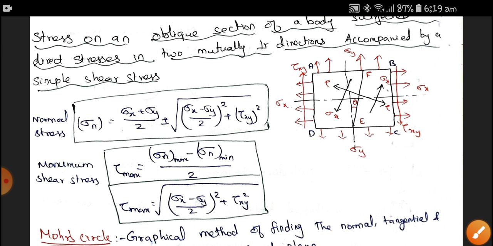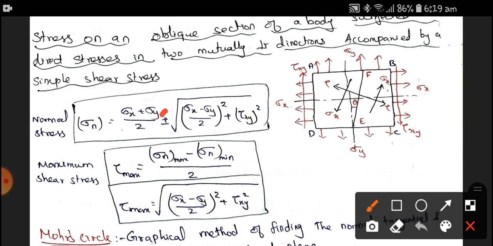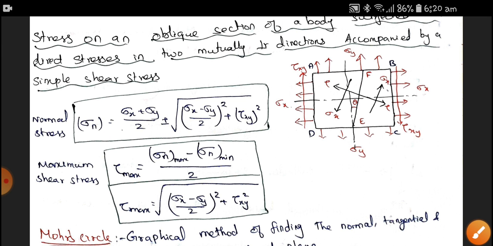The normal stress sigma n is equal to sigma x plus sigma y by 2 plus or minus square root of (sigma x minus sigma y by 2) the whole square plus tau xy square. The plus sign indicates the maximum or major stress, and the minus sign indicates the minor or minimum normal stress.